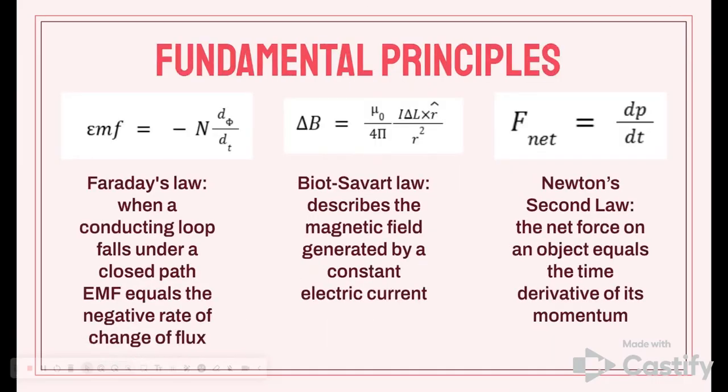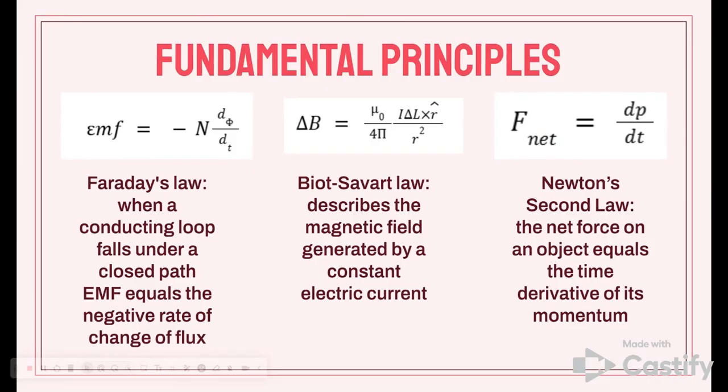As I mentioned, there were three main laws we used to calculate these results. We have that EMF is negative N, the number of coils, times the flux with respect to time. Then we use the Biot-Savart law, which describes the magnetic field generated by a constant electric current.